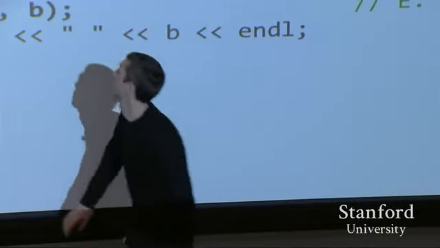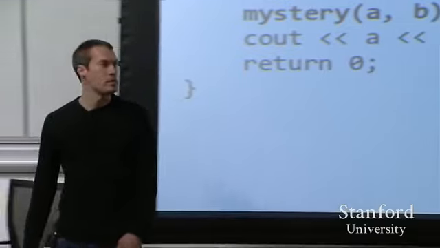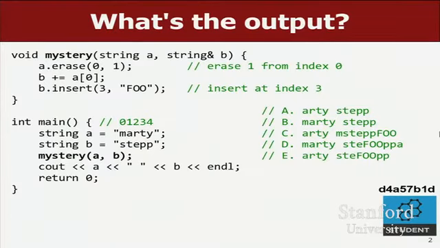Okay, here you go. Here's a piece of code that has a mystery method that you pass in some strings and it does some things to change them. And then I print some output down here. So tell me which of those 5 choices on the right do you think is the output from this program? Go ahead and take a look. I'll give you a minute or two. Please feel free to speak to someone around you if you would like.